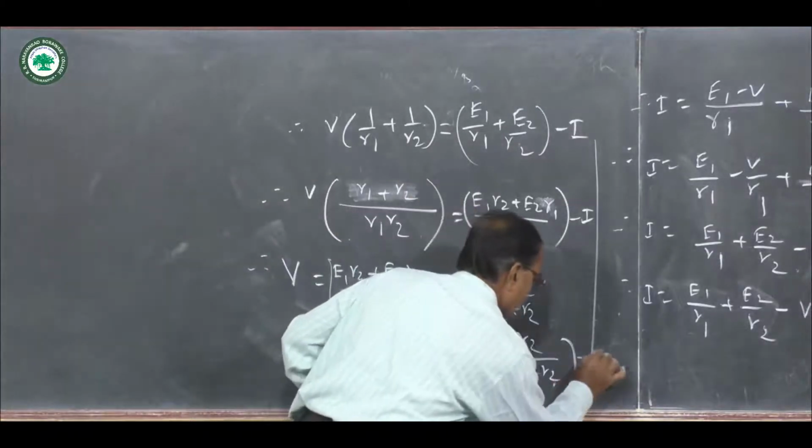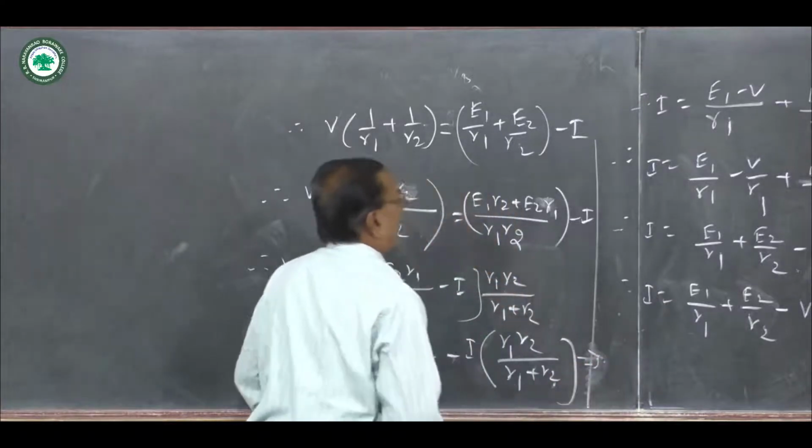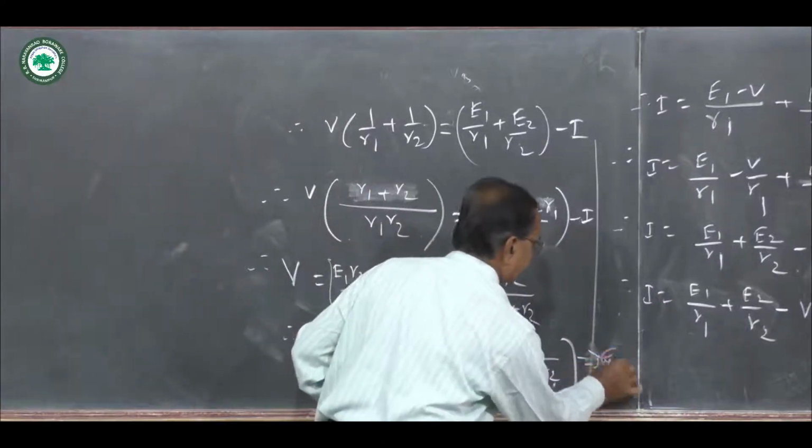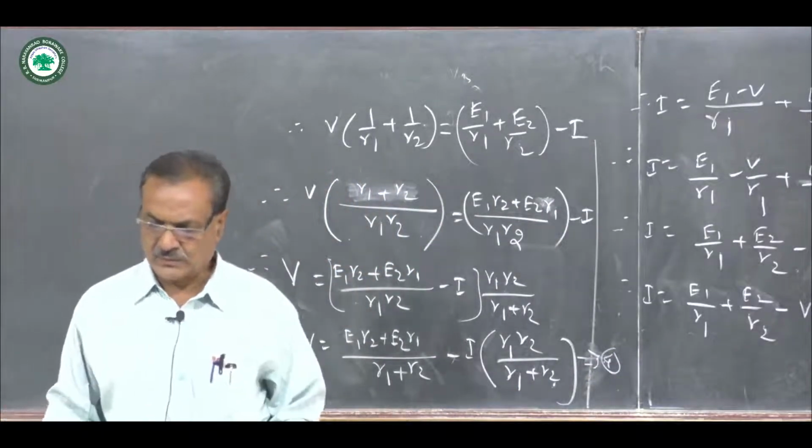R1 R2 upon R1 plus R2. Suppose this is equation number 4.